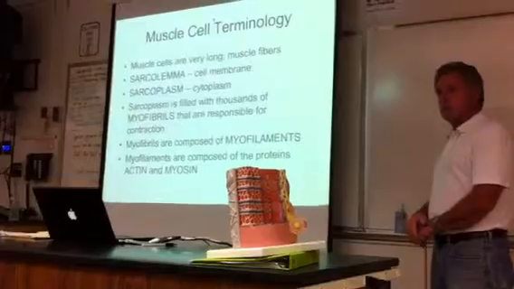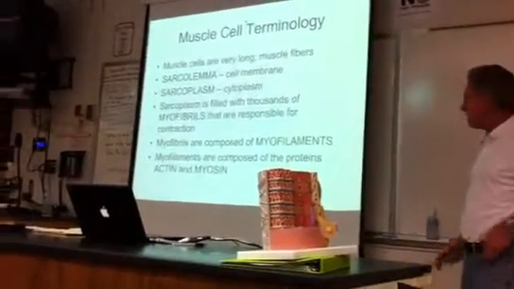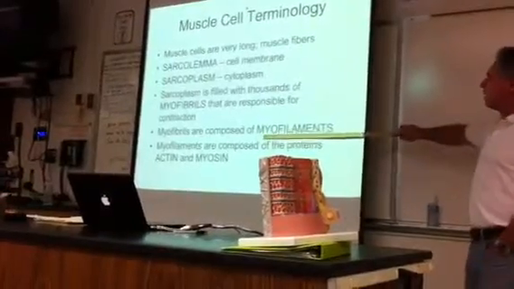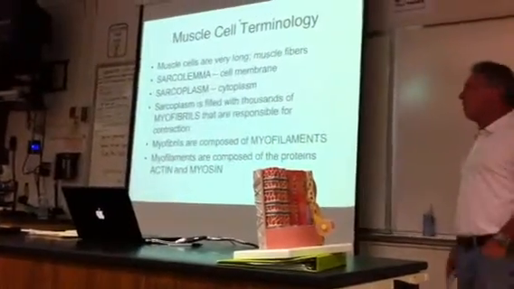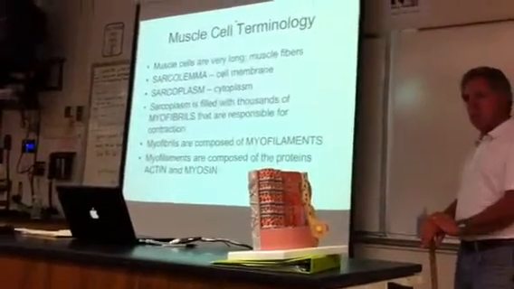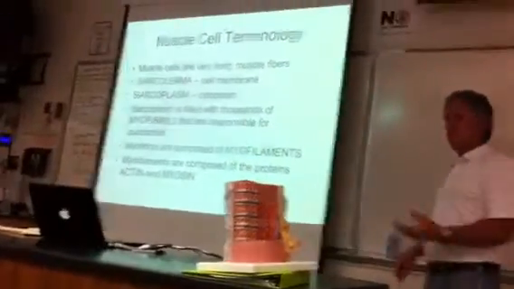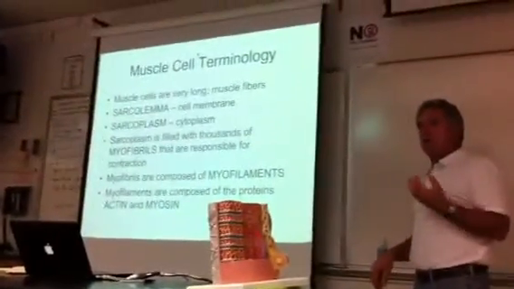And now we're breaking out the electron microscope, maybe even something stronger than that. And you look at the myofilaments, and you find that in the myofilaments we find the contractile proteins, actin and myosin. These are very important. You're going to hear about these tonight. The contractile proteins are actin and myosin.